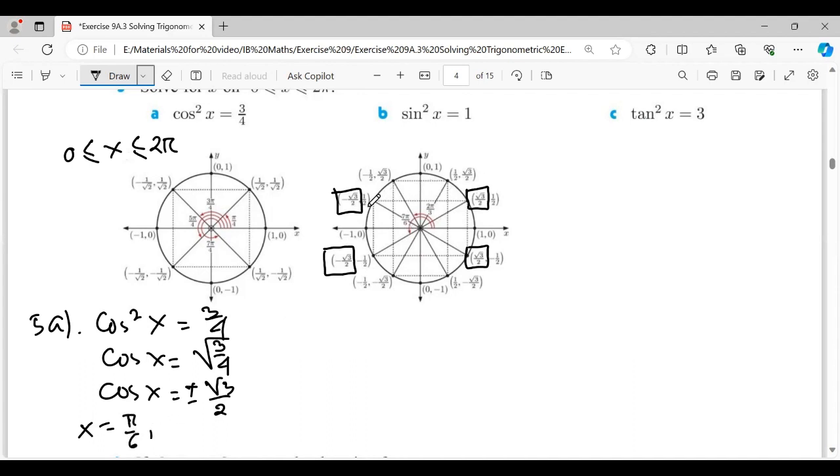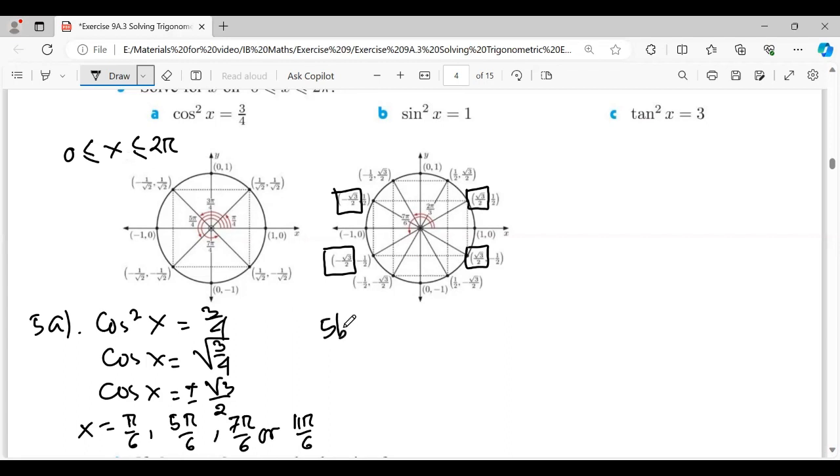After that, 1, 2, 3, 4, 5, 5/6 pi. And then for x3, it's 1, 2, 3, 4, 5, 6, 7, or this one, 9, 10, 11, 11 pi/6.